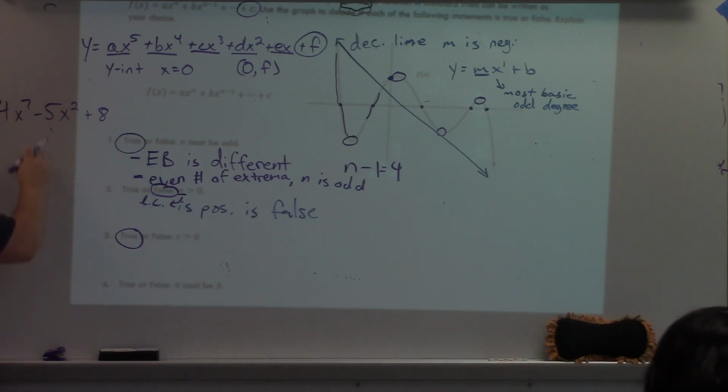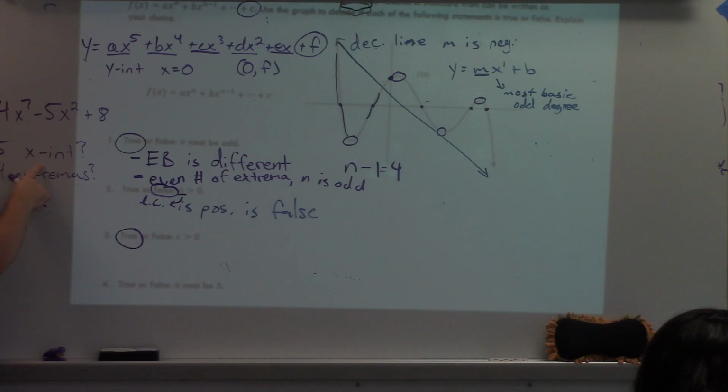Here's an equation. Could this have 5 x-intercepts? It could definitely have 5 x-intercepts, because it could have 7 x-intercepts or less. Oh, by the way, why would this have 5 x-intercepts?